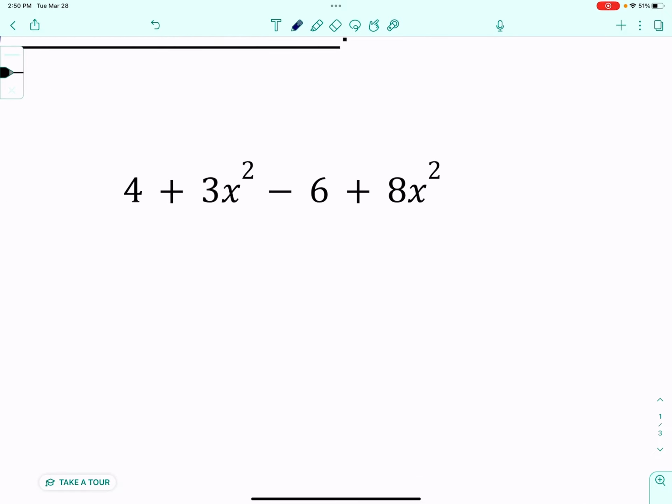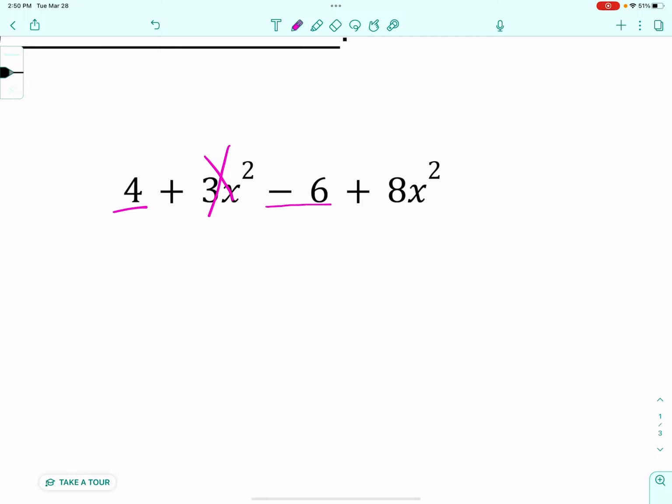This one's a little bit longer, but I'm going to do like I did last time. I'm going to start with the first term and see if I have anybody I can combine with it. This time I have only a constant, no variables. Well, that means I can't use the second term because it had an x squared.